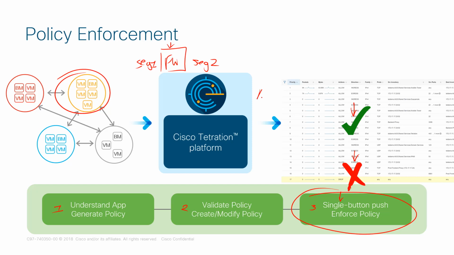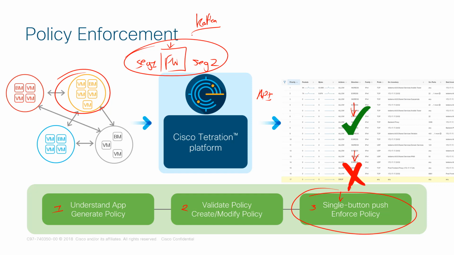Tetration has an open API where you can easily use a tool like Tufin or AlgoSec to actually reach into Tetration, take that policy out, and then enforce it on a physical firewall. In fact, both Tufin and AlgoSec have written to our API. In fact, I think AlgoSec listens to our Kafka bus, which is something I'll mention in a minute, listens in on Kafka to actually stream the policies out onto your physical firewalls. So these are things that you can do today.